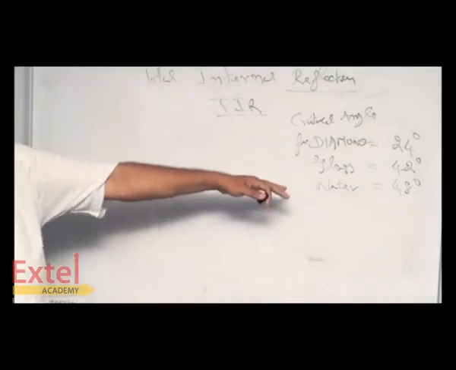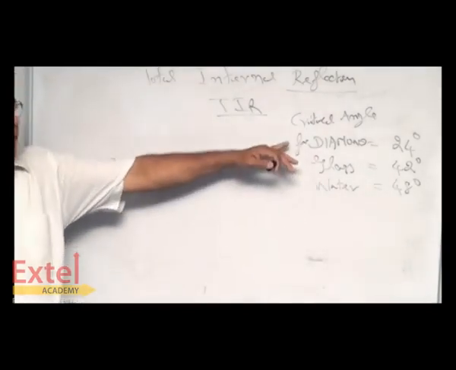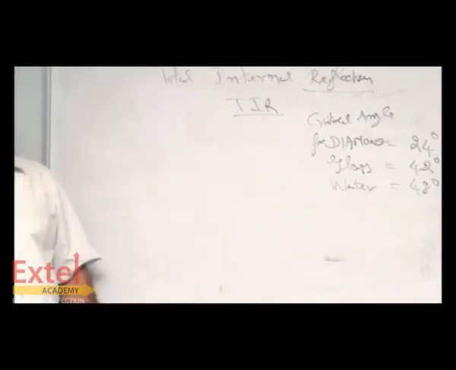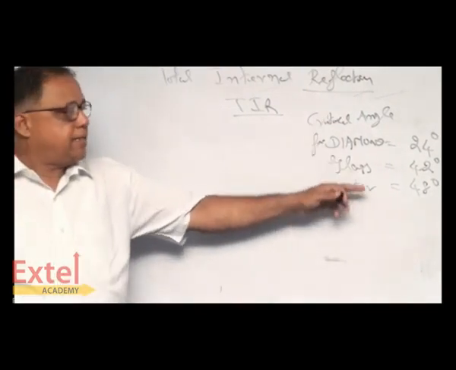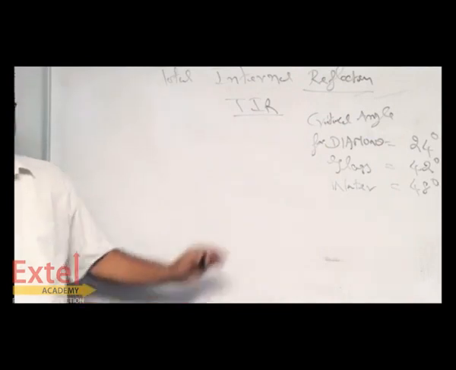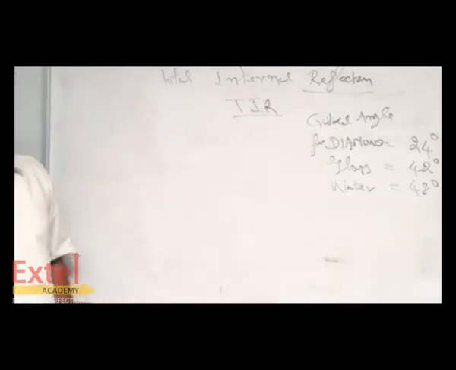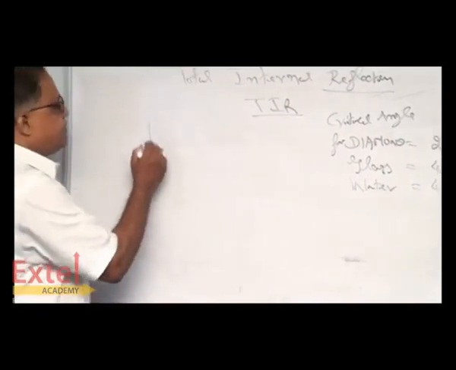So the second condition, the angle of incidence should be greater than this critical angle, then the ray will go for total internal reflection. Let us go with the first problem.